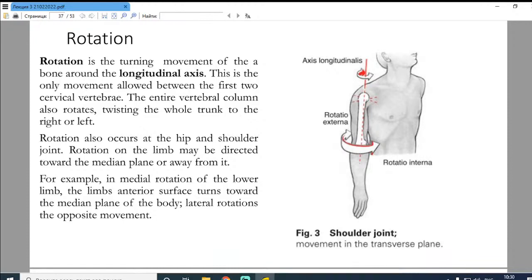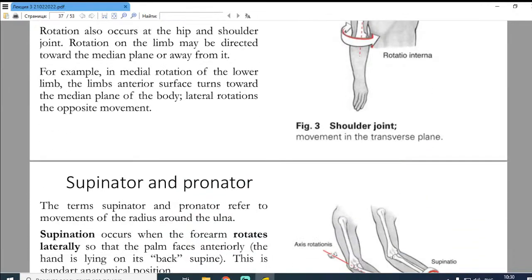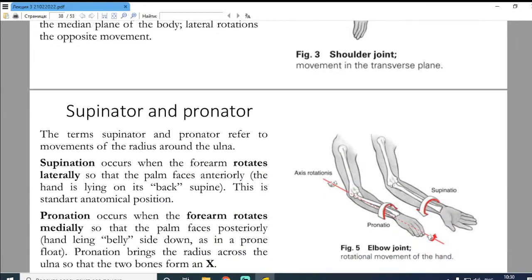This is the shoulder joint. Movement: rotation external and rotation internal. Supination and pronation.